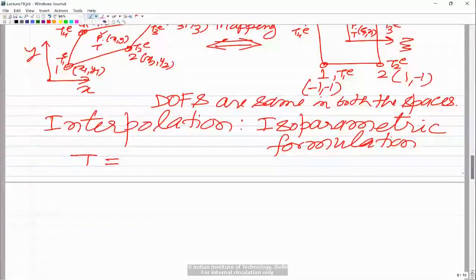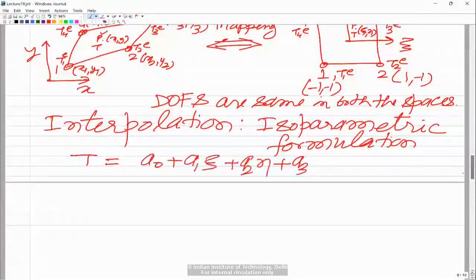So it would be a0 plus a1 xi plus a2 eta plus a3 xi eta. The form is the same as before, because there are 4 degrees of freedom, so we need an approximate solution with 4 constants: a constant term, a linear term in xi, a linear term in eta, and a bilinear term in xi and eta.